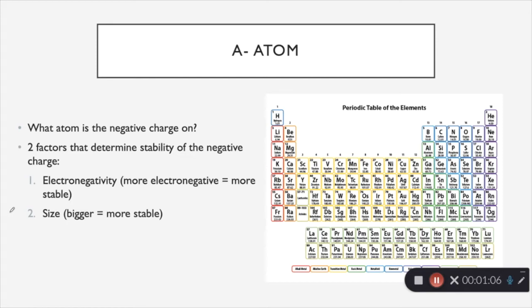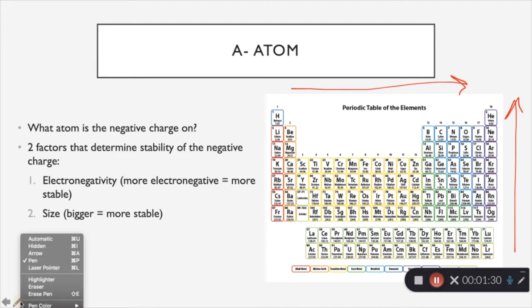And how to determine whether you're looking at the electronegativity or the size is based on the trends of the periodic table. So if you don't remember, electronegativity is going to increase going to the right, and it's going to increase going up. So we're going to leave electronegativity in red, and then we're going to look at size using blue.